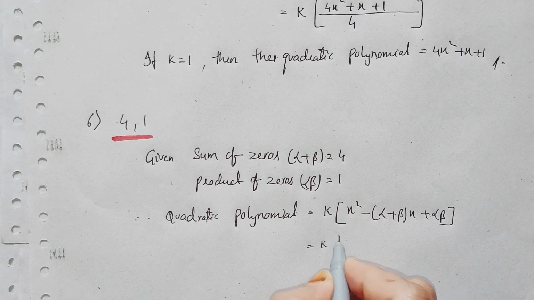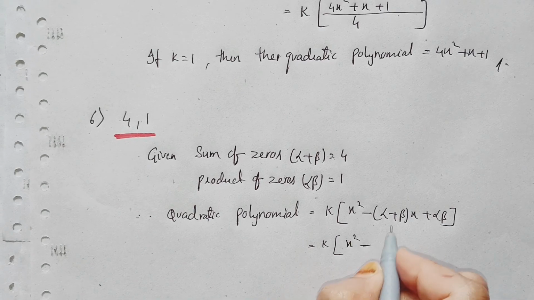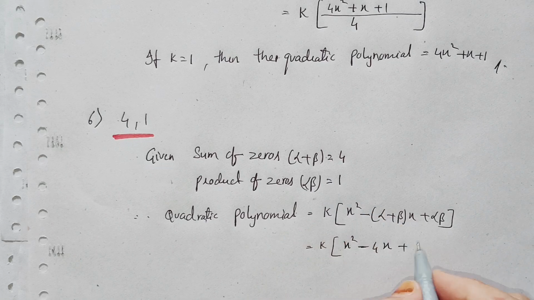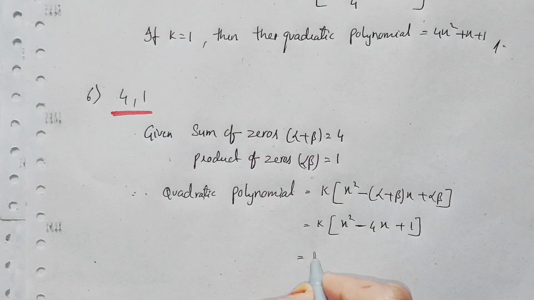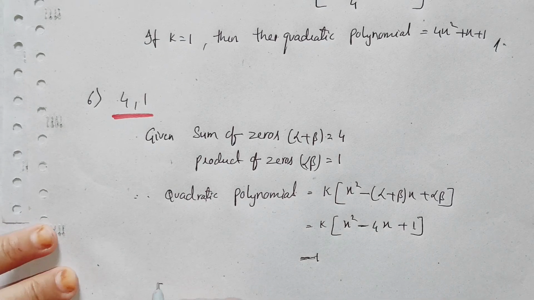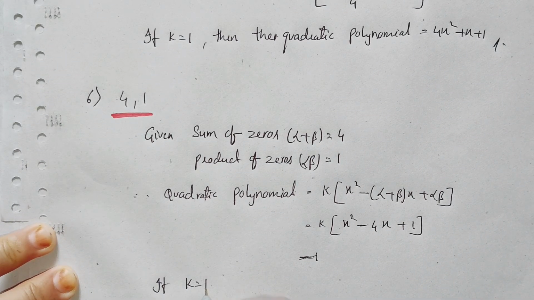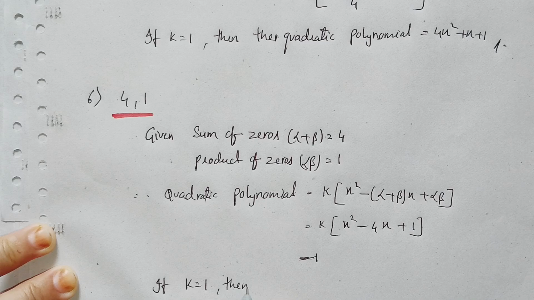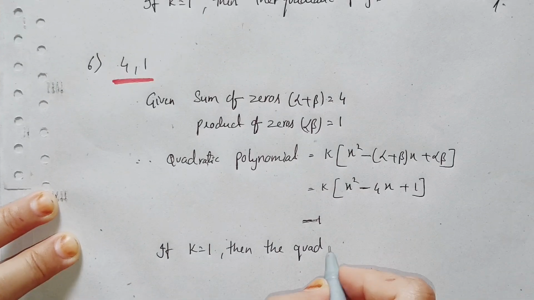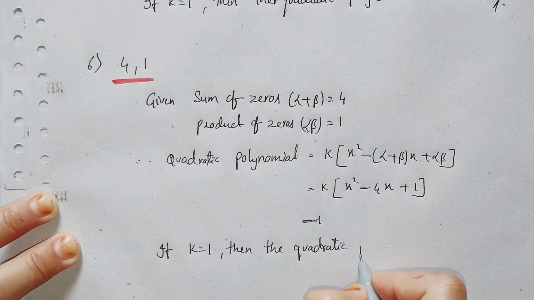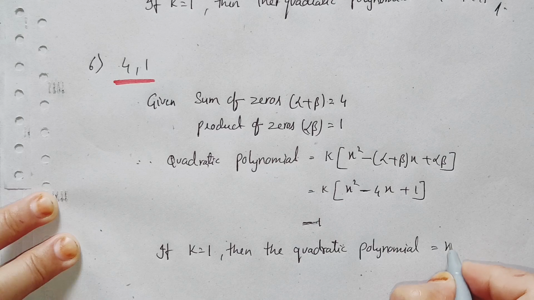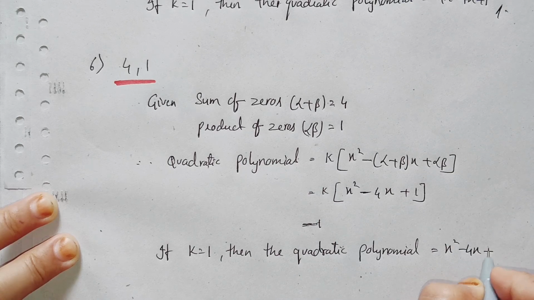That implies k of x square minus alpha plus beta means 4 into x plus alpha beta means 1. Okay, so if k equal to 1, then the quadratic polynomial is x square minus 4x plus 1.